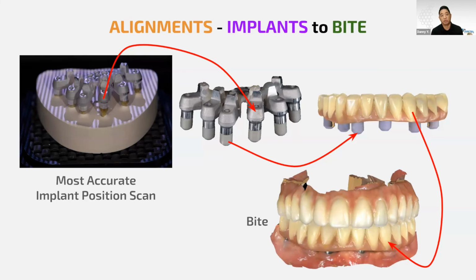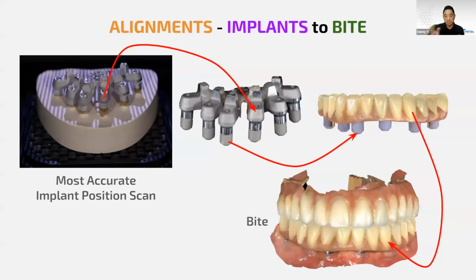So what we'll do is we're going to use the desktop scan of the OptiSplint as our implant, most accurate implant record. We're going to align that to the extraoral scan of the OptiSplint with the scan caps in. And then we're going to use the scan caps to align the prosthesis to the OptiSplint jig.